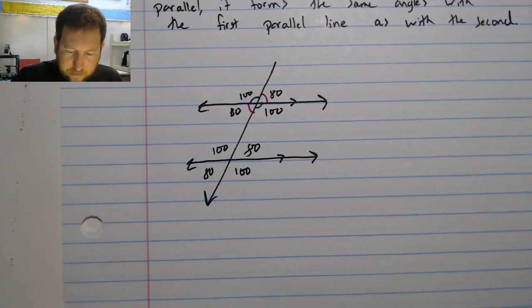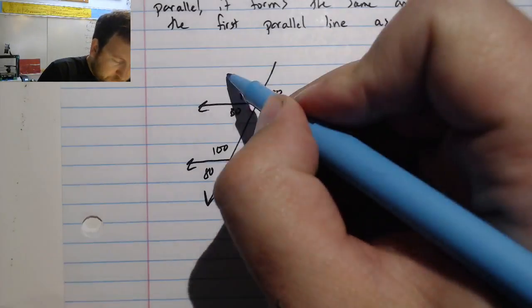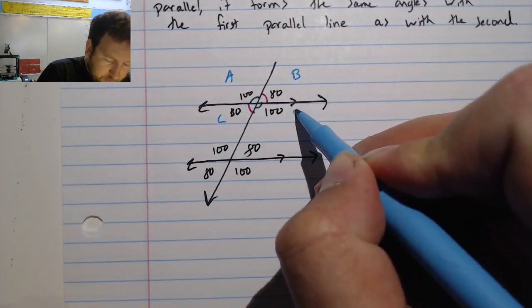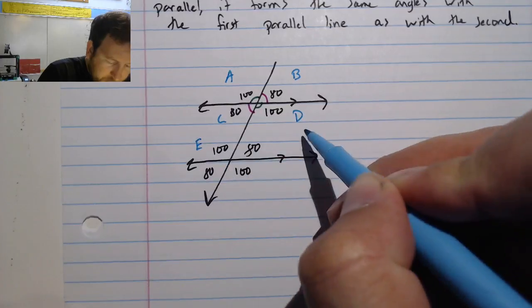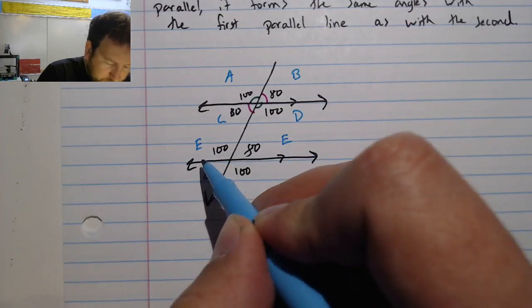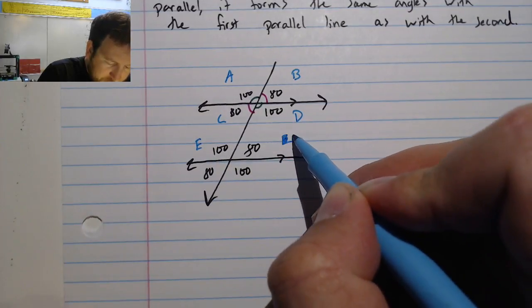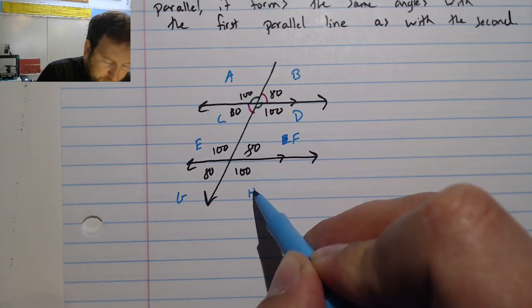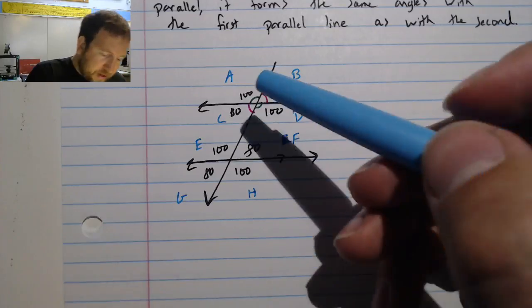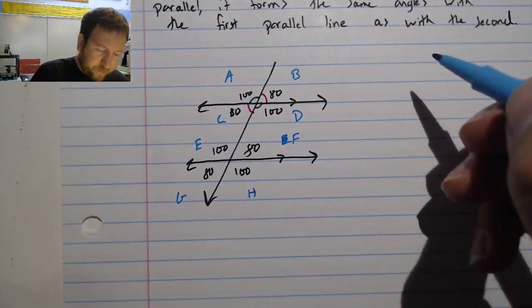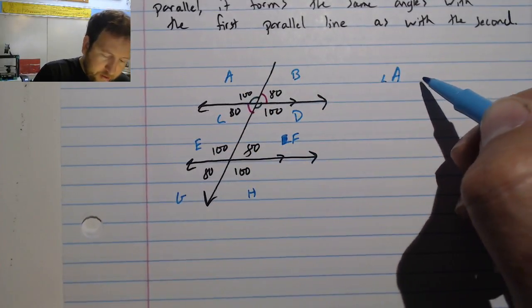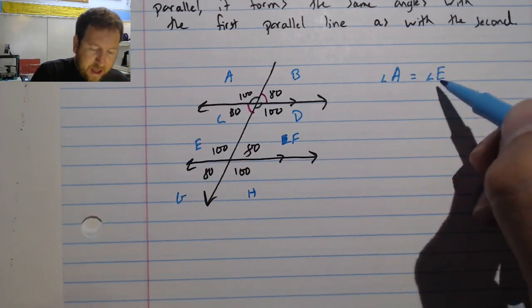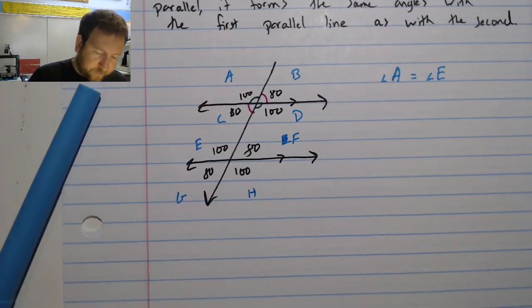So let's say I mark these as A, B, C, D, E, F, G, H. I can see that angle A equals angle E, and they are corresponding angles.